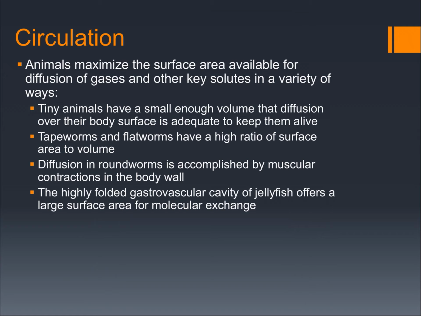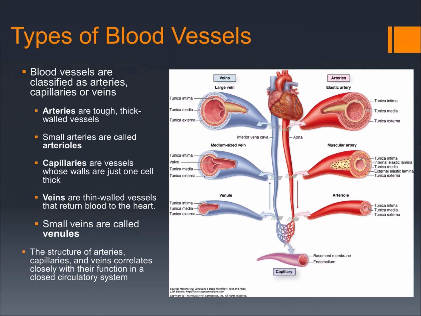They don't need to have all of these organs and specialized structures. Diffusion in roundworms is accomplished by muscular contractions of the body wall, and the highly folded gastrovascular cavity of jellyfish offers enough surface area for exchange. So it depends on the needs of the animal, how big the animal is, and how they move materials around.